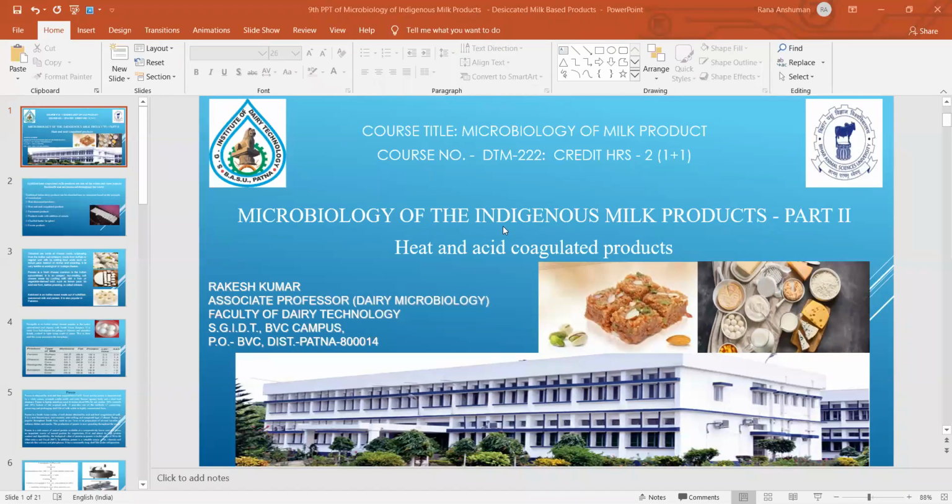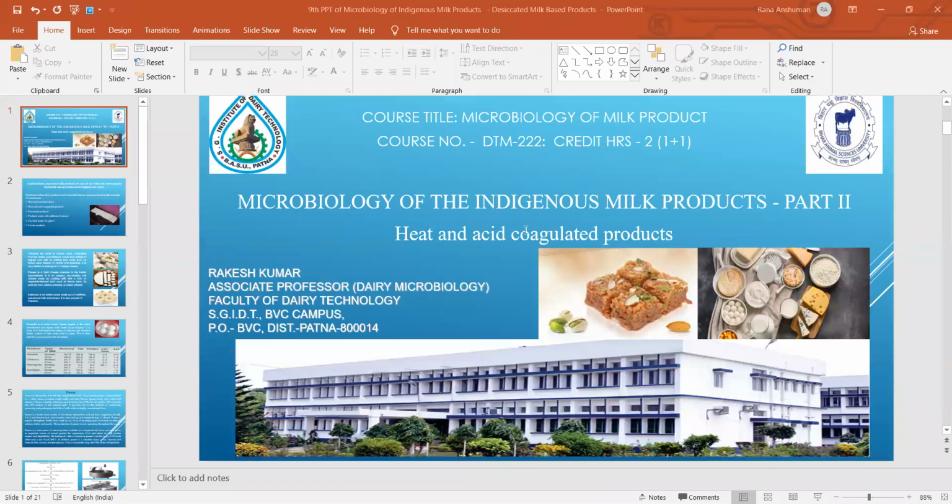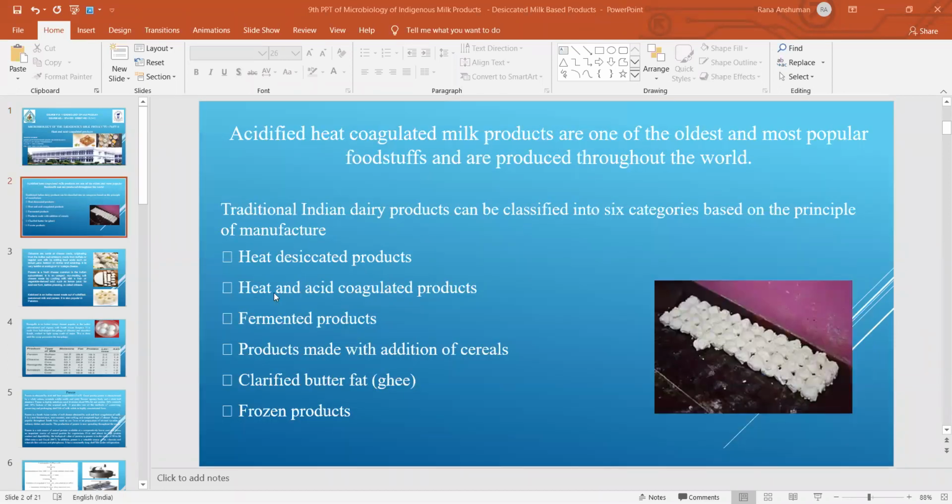As all of you know, the term indigenous milk products refers to the dairy products of a particular region or country, and these are products of Indian origin. In continuation of our last class, today we will discuss different types of heat and acid coagulated products.